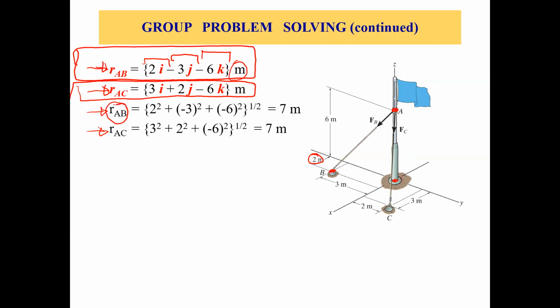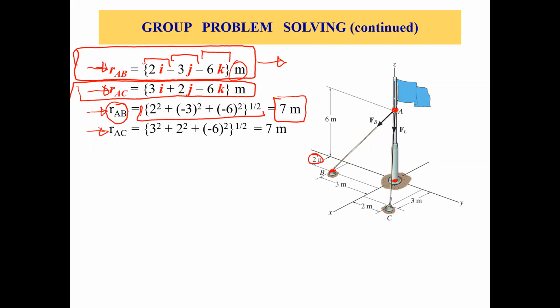We'll do the square root of x squared plus y squared plus z squared. So the square root of 2 squared plus -3 squared plus -6 squared. Use your calculators and you get 7 meters as the magnitude of position vector RAB.